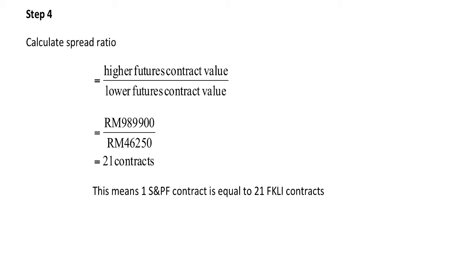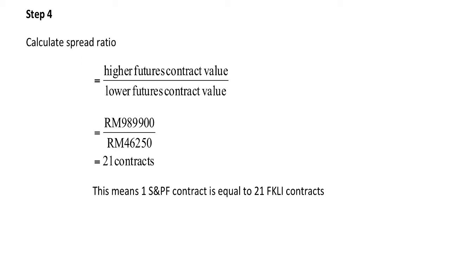So you get 21 contracts. The spread ratio is the number of futures contracts, so you must ignore all the decimal places. If you get 29.99, you just ignore the 0.99. So take 21 contracts.